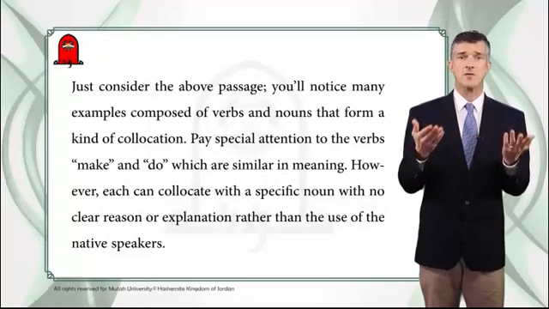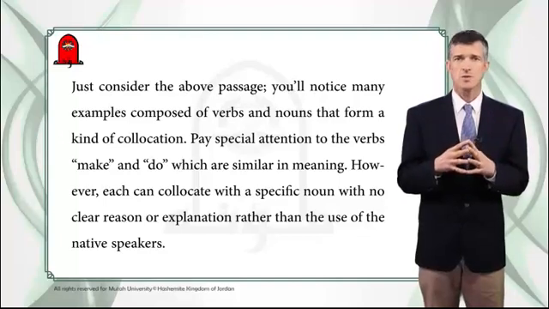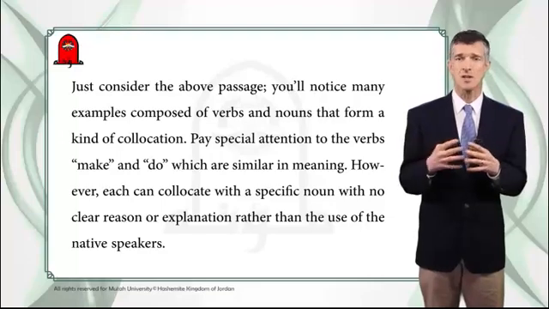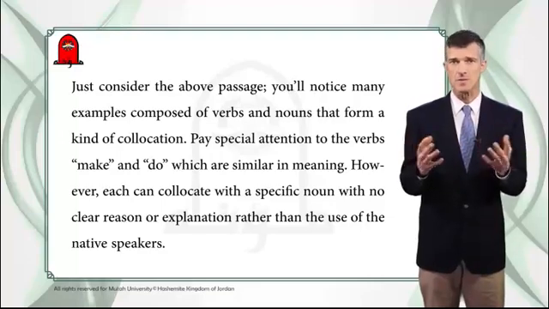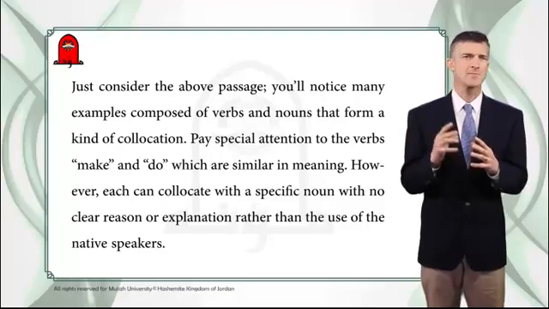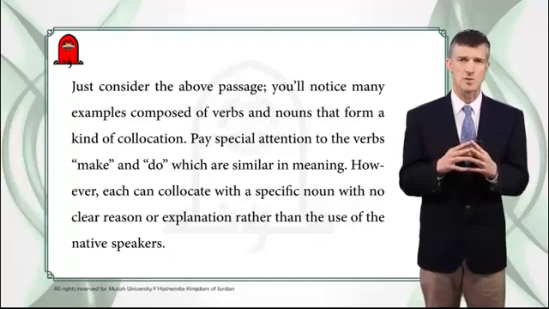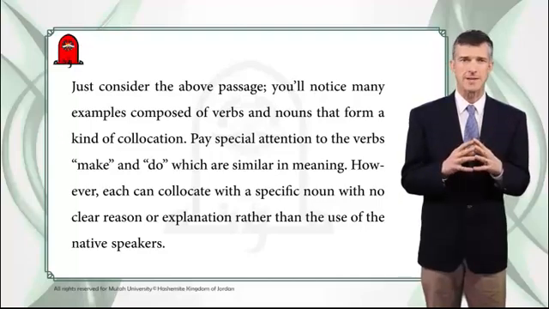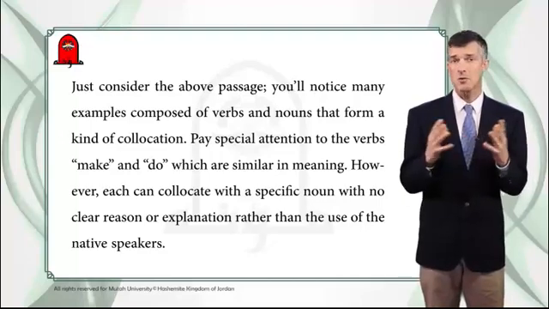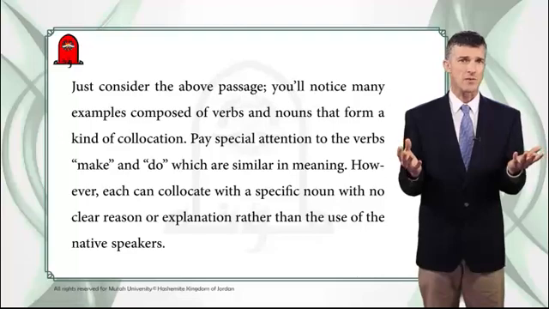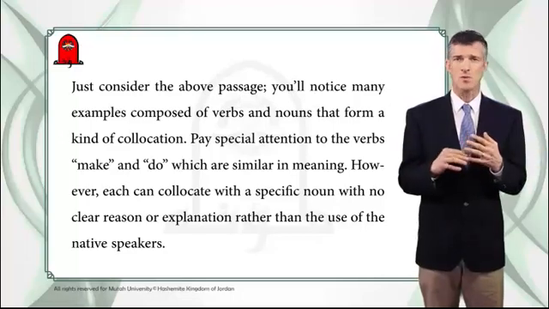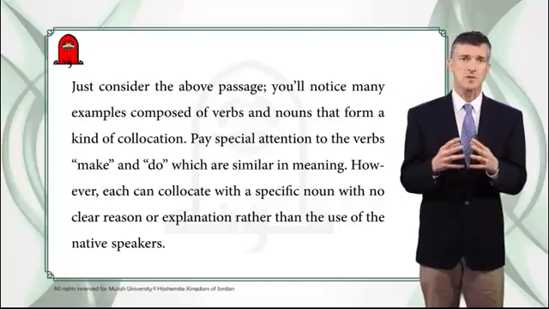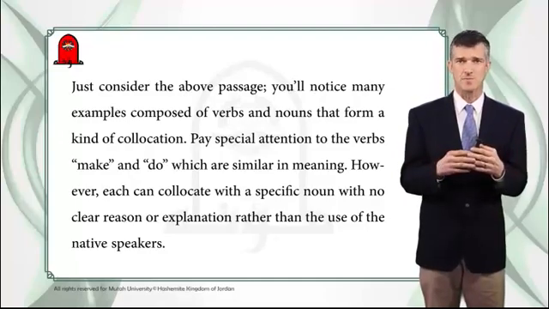Just consider the above passage. You'll notice many examples composed of verbs and nouns that form a kind of collocation. Pay special attention to the verbs make and do, which are similar in meaning. However, each can collocate with a specific noun with no clear reason or explanation other than the use of native speakers.